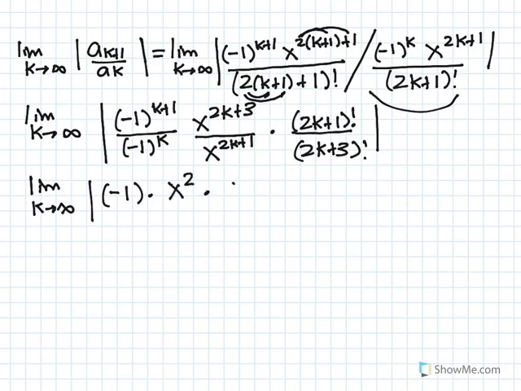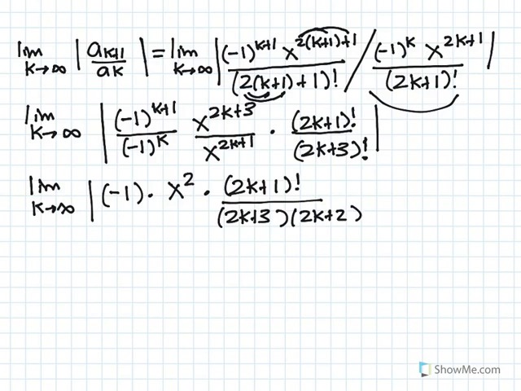Now, in the numerator, we have 2k plus 1 factorial. So let's rewrite the denominator as 2k plus 3 times 2k plus 2 times 2k plus 1 factorial. The reason we do this is because we want 2k plus 1 factorial to cancel from the numerator and denominator.